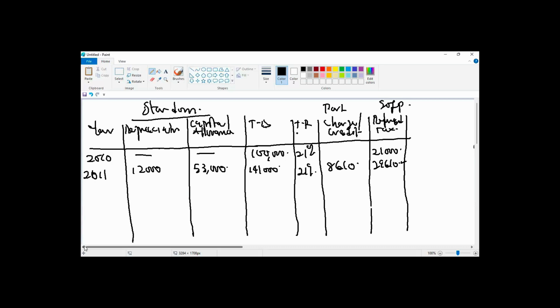For this year, we have a temporary difference of 41,000. I will add it to the 100,000. Why am I not subtracting? Because it's a liability again, it's a charge that will add to it. 41,000 plus 100,000 is 141,000. 141,000 times 21% gives me the closing balance, 29,610. 29,610 minus 21,000 gives me 8,610.